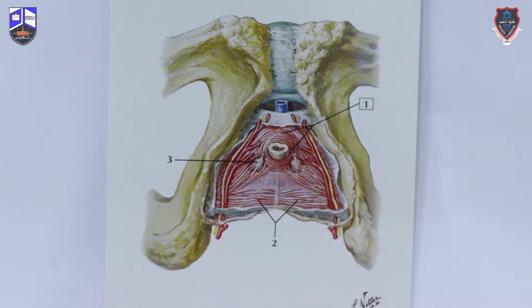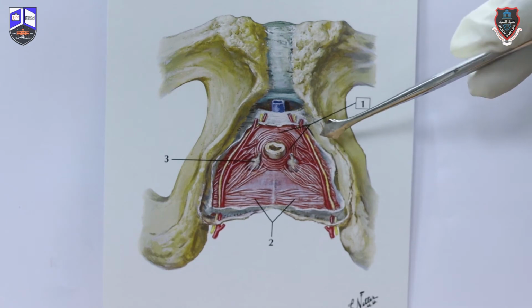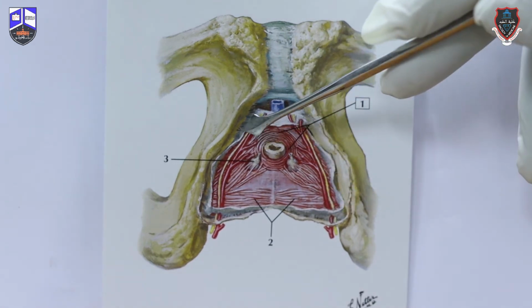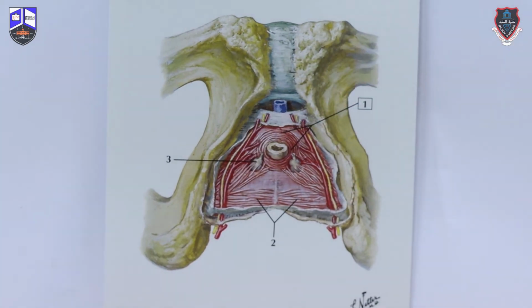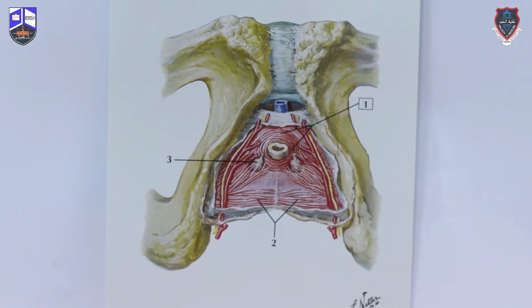In addition to these structures, the deep perineal pouch in males also contains nerves and vessels. This is the deep, or dorsal, nerve of the penis, which is a continuation of the pudendal nerve, together with the perineal vessels.